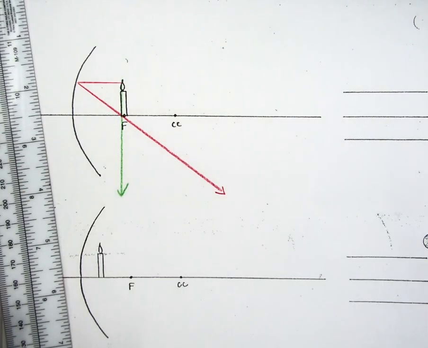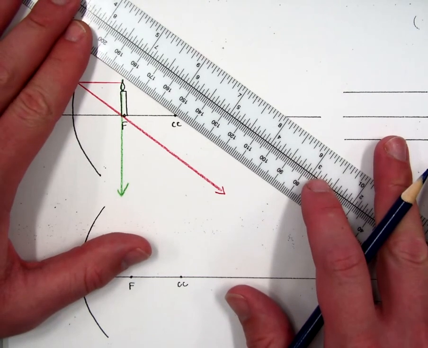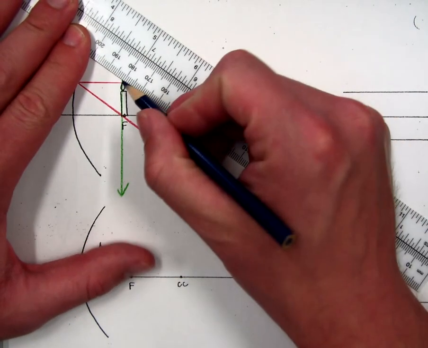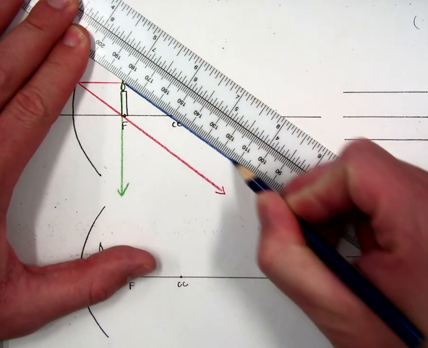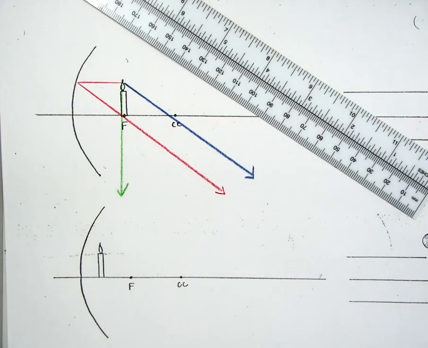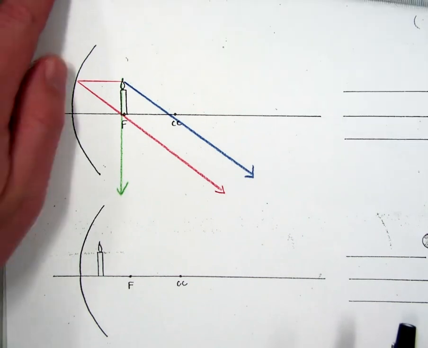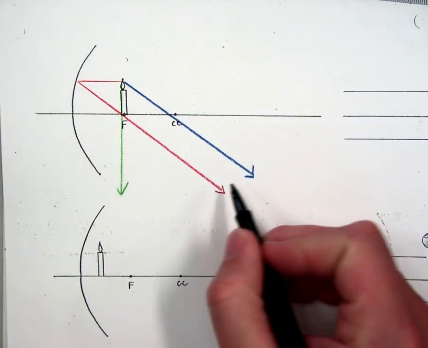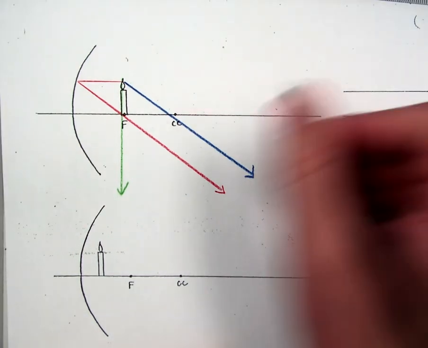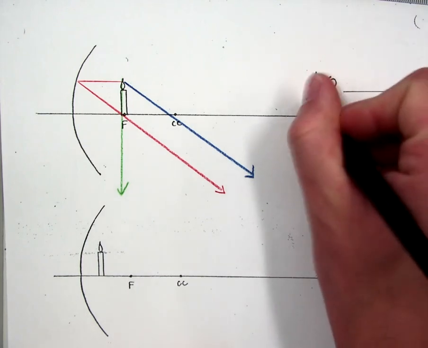But ray 3 passes from the object through the center of curvature and back, and now I can see I'm never going to get an intersection of these 2 rays. These 2 rays are parallel. When the object is at the focal point, there will be no image formed.